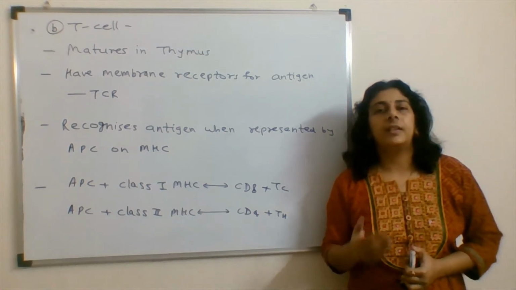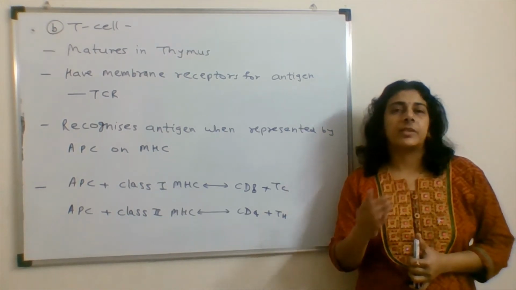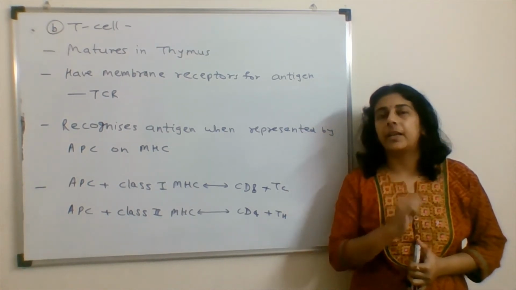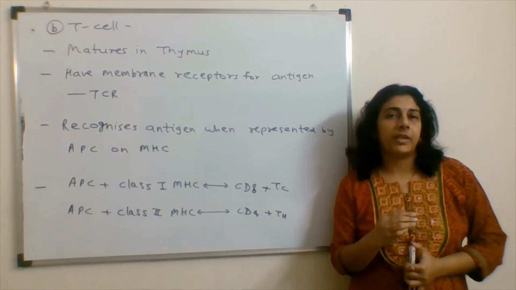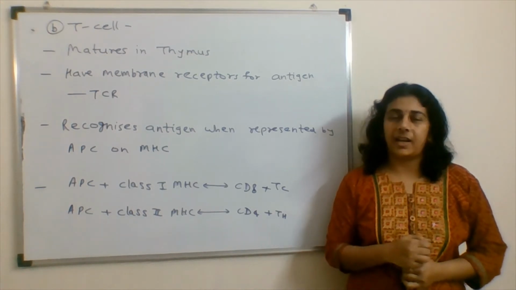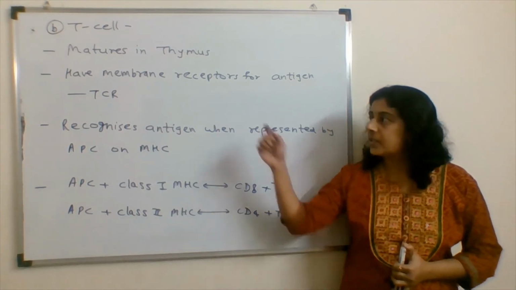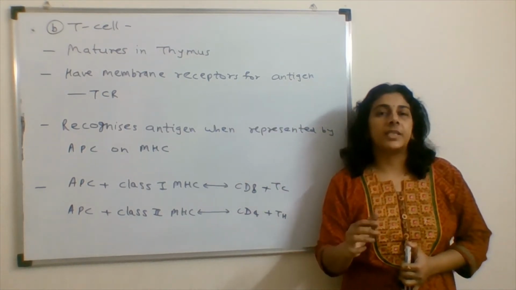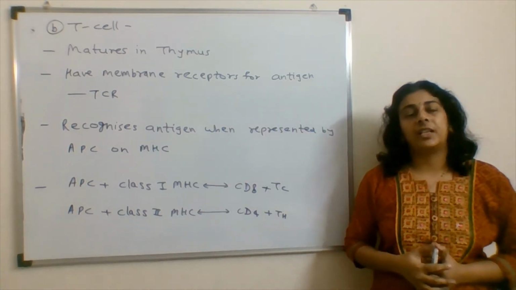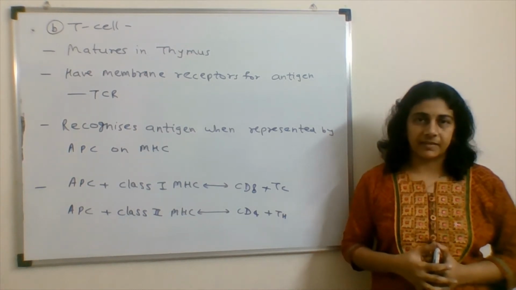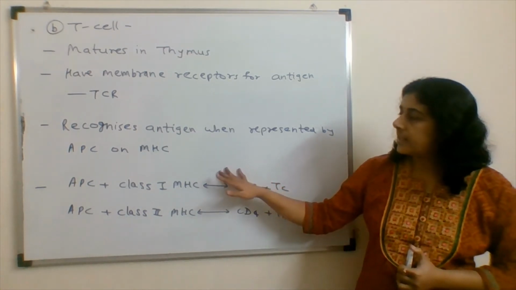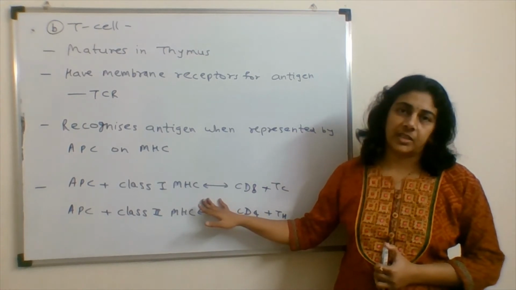These are just like antibodies which are present on a B cell. But the difference is that an antibody can recognize a soluble antigen, whereas in case of TCR, there must be a presentation of the antigen from some other cells.